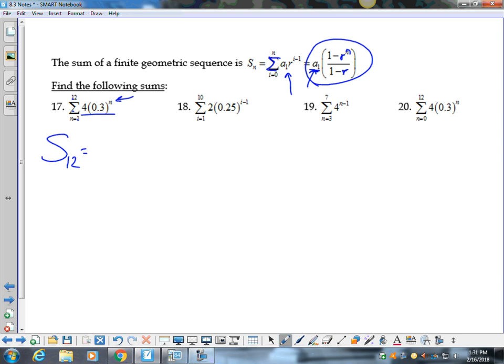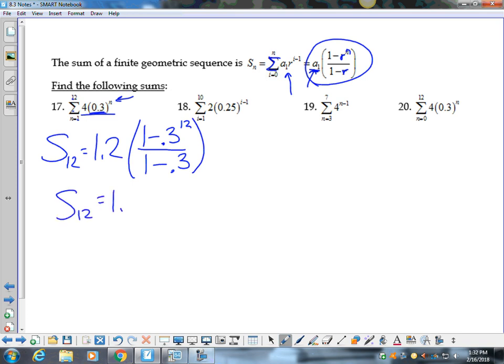A sub 1, if I plug a 1 into my n, 0.3 to the 1 is going to be 0.3, and 4 times 0.3 is 1.2. Then 1 minus my r, which is this guy, 0.3, to the n, I'm going 12 terms, over 1 minus 0.3. The answer is 1.71.